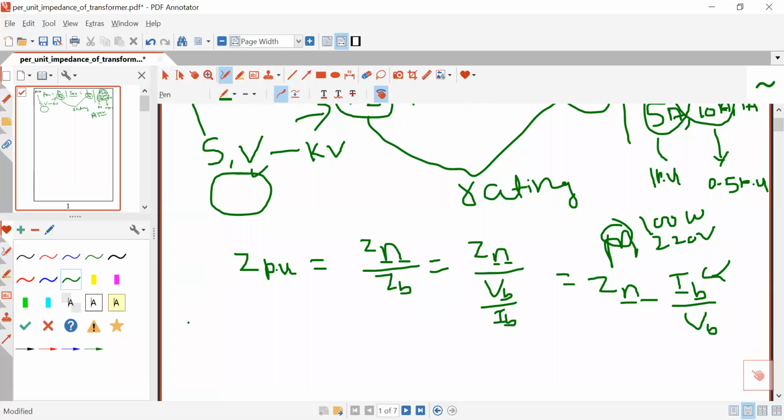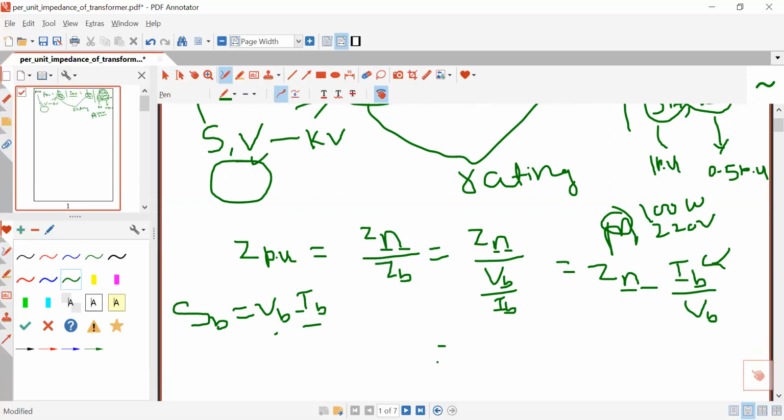And as you know, the complex power is just a product of voltage and current. For a single phase system, the complex power is just the product of RMS value of voltage and current. Active power is VI cos phi, reactive power is VI sin phi, but the total power, or you can say the complex power, that includes active and reactive power both, will be given as the product of V and I. And from this relation, you can replace IB.